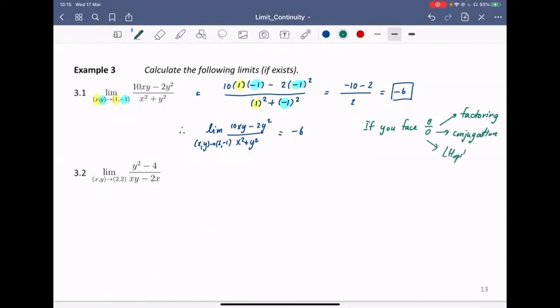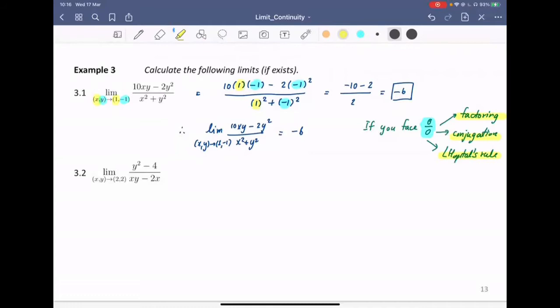That is from Cal 1, right? You have so many choices when you see 0/0. 0/0 is called an indeterminate form, right? From Cal 1, it still can be any number. So the techniques to solve 0/0 are factoring, conjugation, L'Hopital's rule, or something else.